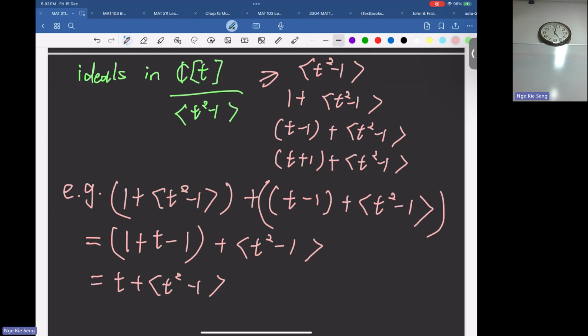Say again. T lives in the same coset as 1, you mean? How do you show it?